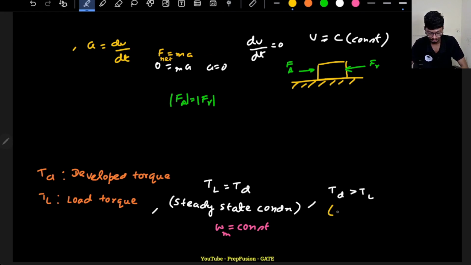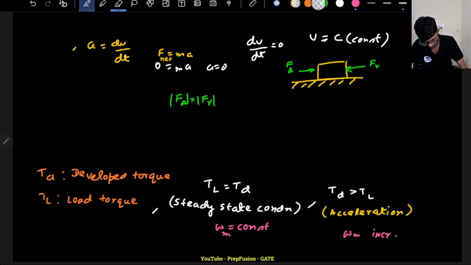Acceleration will happen, so omega m will increase.